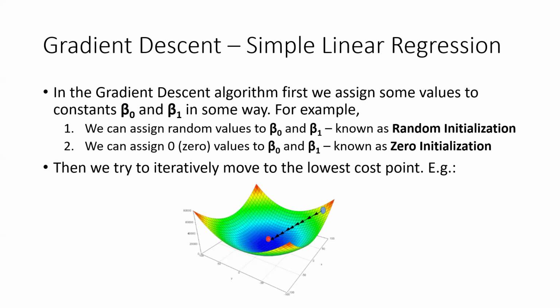Only then we stop, and we take the values for beta 0 and beta 1 as the optimum beta 0 and beta 1 values, right? That is what we are going to do in an iterative algorithm like gradient descent. Gradient descent is one of the iterative ways of finding the optimum value for a curve like this, right?